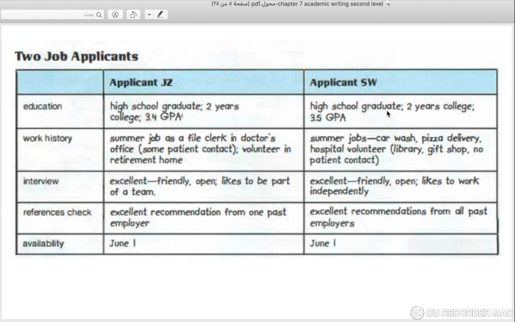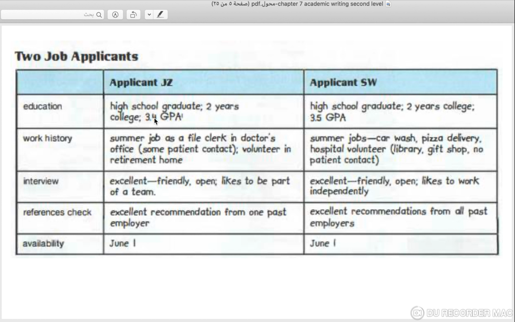High school graduate, 2 years college, 3.5 GPA. هنا طبعا سوت فروقات بين 2 applicants، اثنينهم متقدمين، لكن كتبت من ناحية الeducation كتبت شنو المخلص تعليم وشنو المعدل التراكمي مالته.